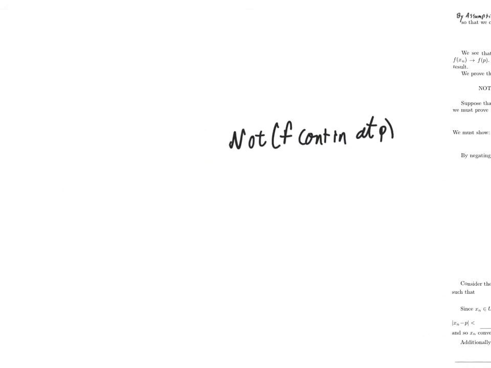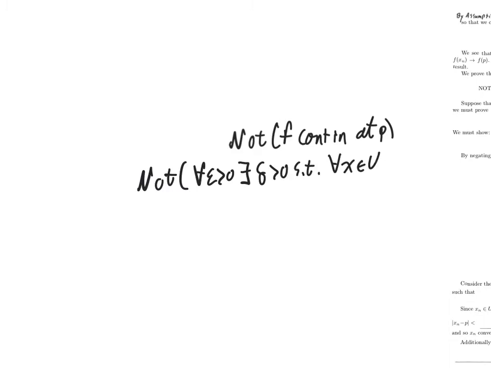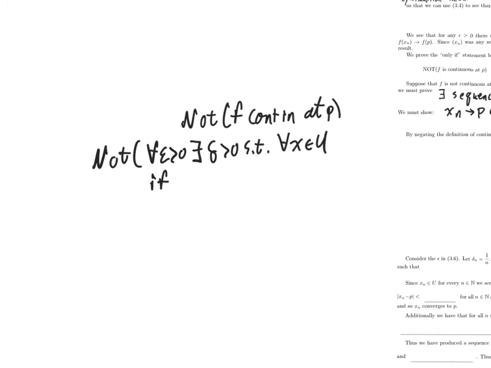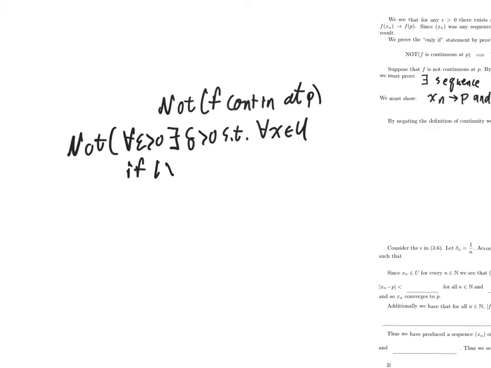So I get to assume not for all epsilon bigger than 0, there exists a choice of delta bigger than 0 such that for all x in U, if absolute value of x minus p is less than delta, then absolute value of f of x minus f of p is less than epsilon.